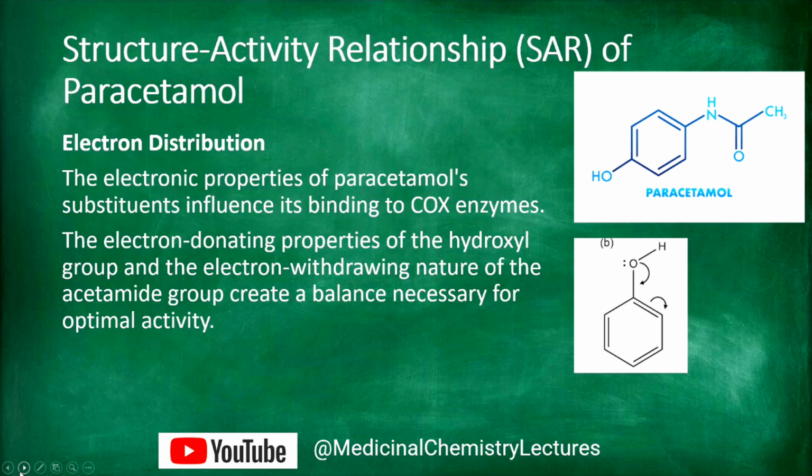As we have discussed, the two main moieties of paracetamol are the hydroxyl group attached to the benzene ring and the acetamide group attached to the benzene ring. So the electron donating properties of the hydroxyl or phenol group and the electron withdrawing nature of the acetamide group balance the electronic distribution that is essential for optimal activity.